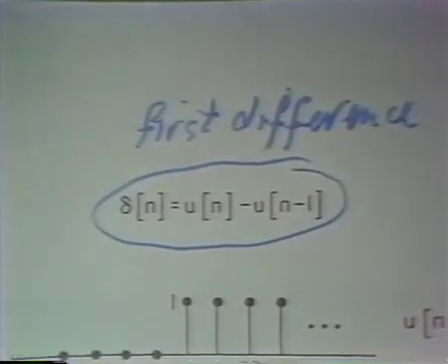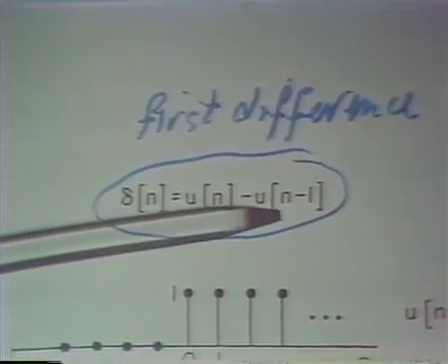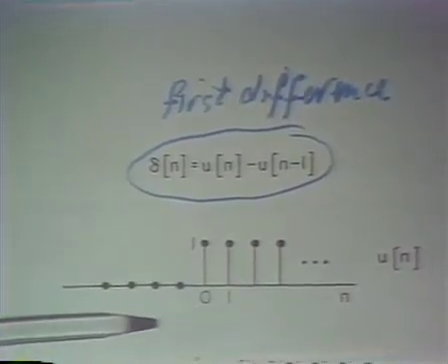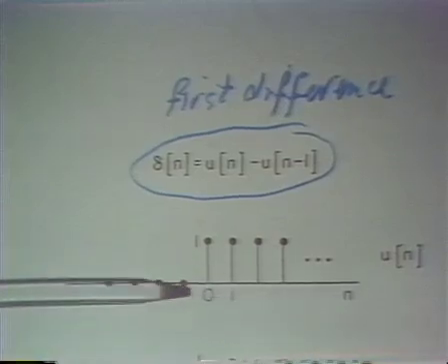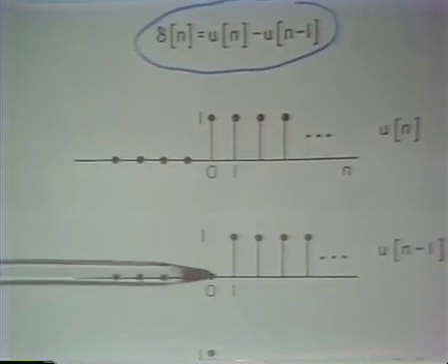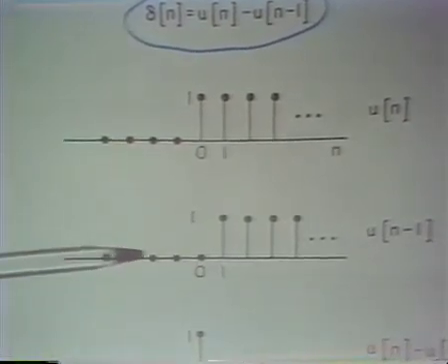And to see the validity of this expression, we can simply look at the unit step and its delayed version. So here we show the unit step, u of n. Here we show the unit step delayed by 1, so it's 0 for n less than or equal to 0.